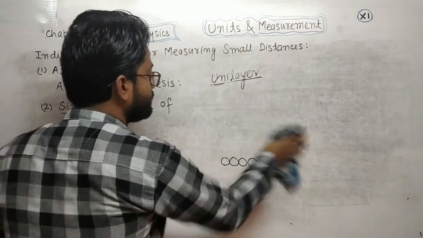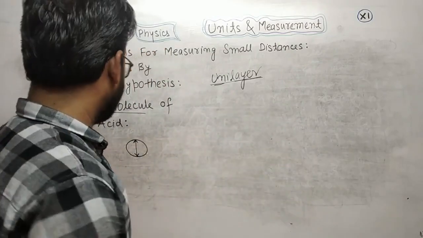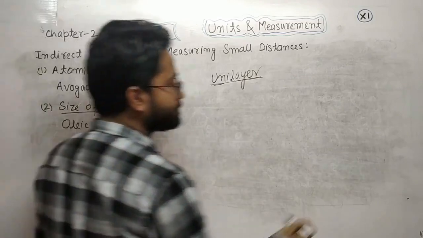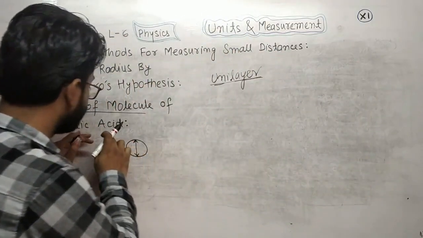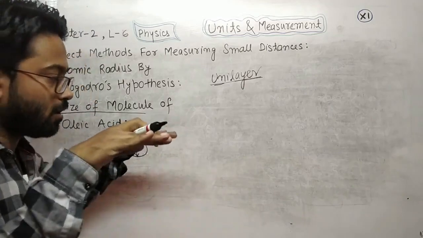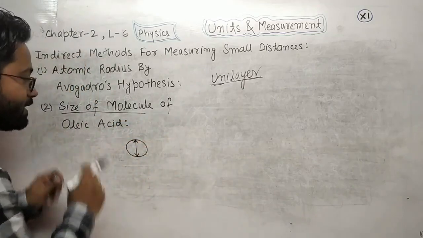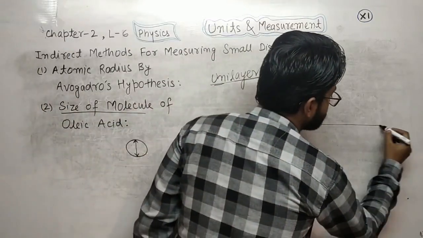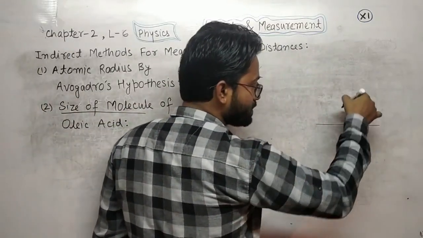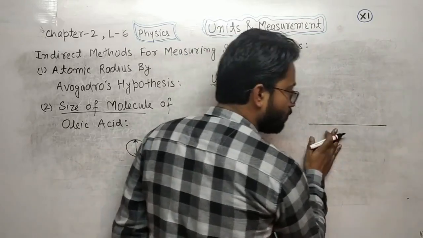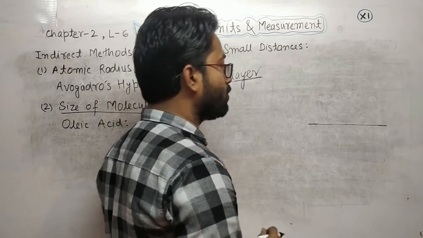What we need to do? Simply take oleic acid and spread that oleic acid on the surface of water. Let us suppose this is the surface of water, and spread the oleic acid solution on the water surface. Why water surface?